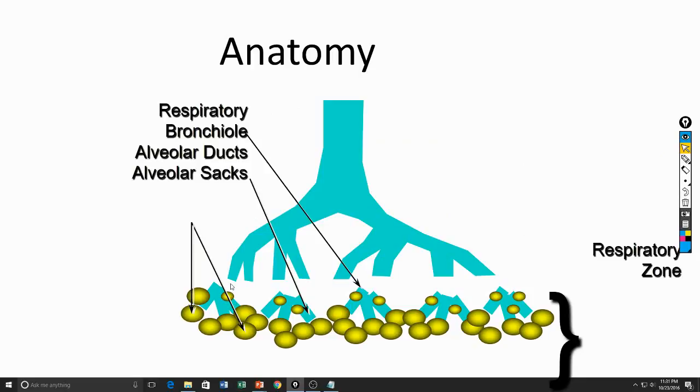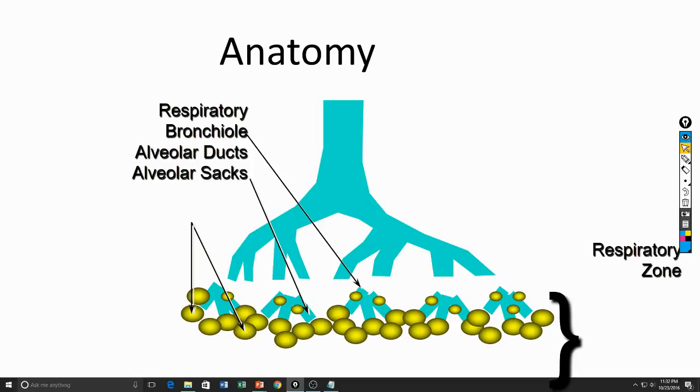So you have these alveolar sacs, and that's where we actually exchange oxygen and carbon dioxide. A little bit of the anatomy of these: they're very thin membraned, which allows oxygen to come in more easily and CO2 to leave more easily, and it's highly vascular, with a lot of little capillary beds surrounding these alveolar sacs.